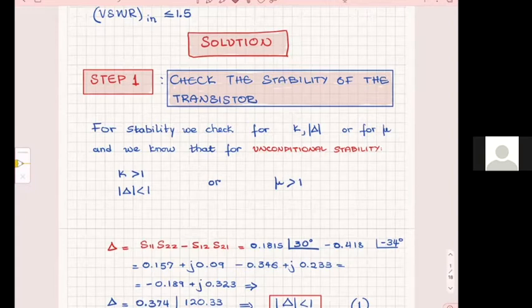Now, for unilateral, it's only to simplify things for you. Remember there was a unilateral coefficient U that we are calculating, so that 1 over (1 minus U), all of this to the square power, is less than 1.